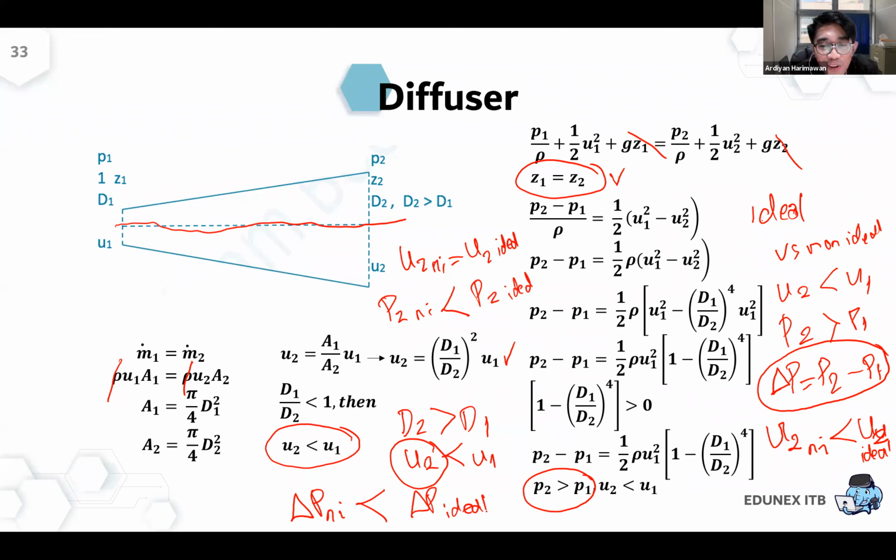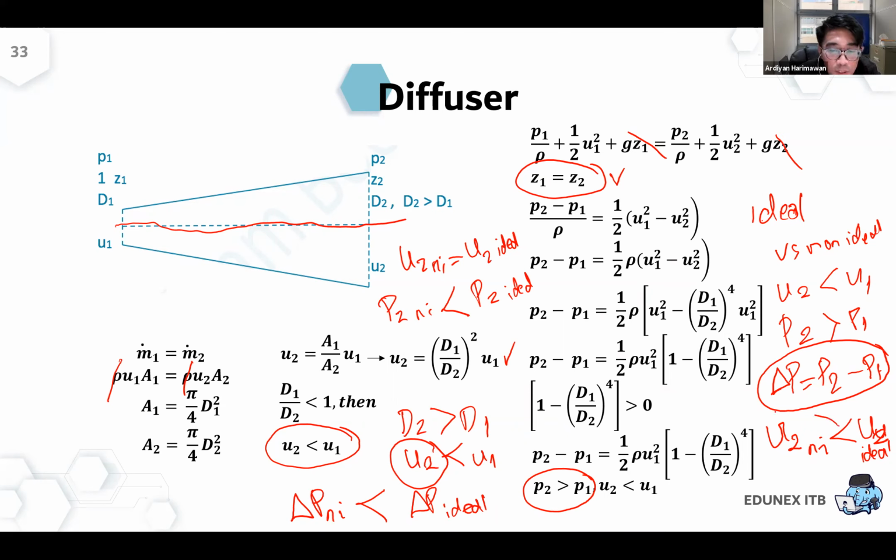I hope you are not confused by the explanation. Just try to use your imagination and logic to analyze this case. We are comparing the real condition, where there is energy loss, with the ideal from Bernoulli.